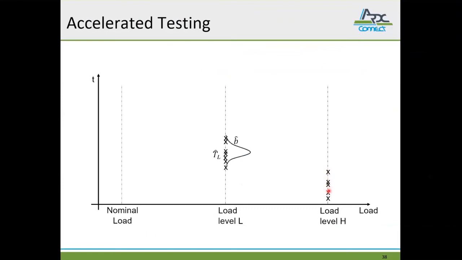Then we do some maximum likelihood estimation to estimate the characteristic lifetimes on both load levels and the Weibull shape parameter. We do some interpolation here and can also extrapolate this to nominal load. And then we know the characteristic lifetime on nominal load.